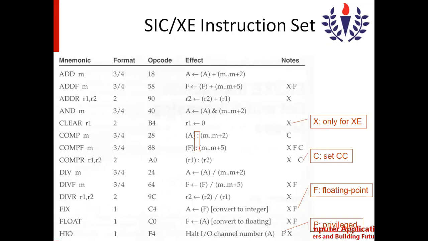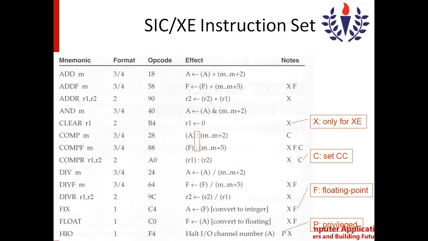With respect to registers, totally 9 registers are used in the SIC/XE machine, including B, S, T and F, and we have data formats, including floating point. There are 3 different data formats we are using. And coming to the instruction formats, there are 4 instruction formats we use in SIC/XE, compared to SIC, where we use fewer formats.